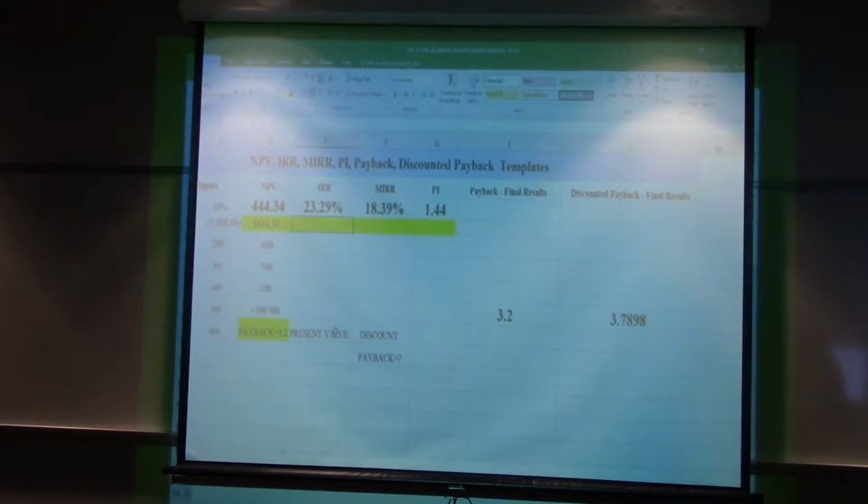Year 0 should be the same. But for year 1, how much is the present value? You can use a present value function or use the math. So you need to get the present value first.